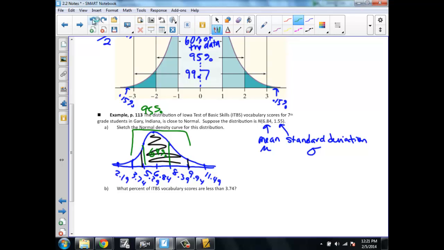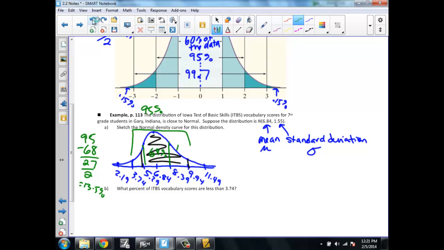So here's 68%. How am I going to find out what's in either of those? 95 minus 68, that gives us 27. It's 27% for both of those. To find out how much one is, we divide it, and we get 13.5%.